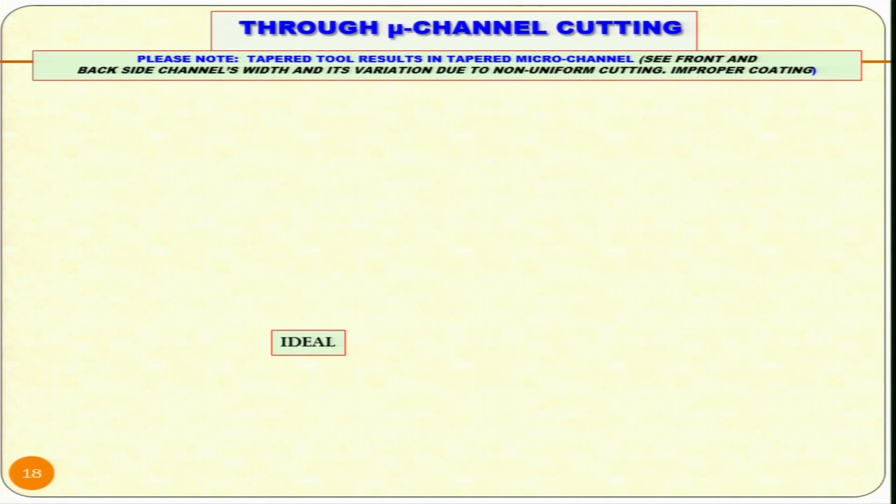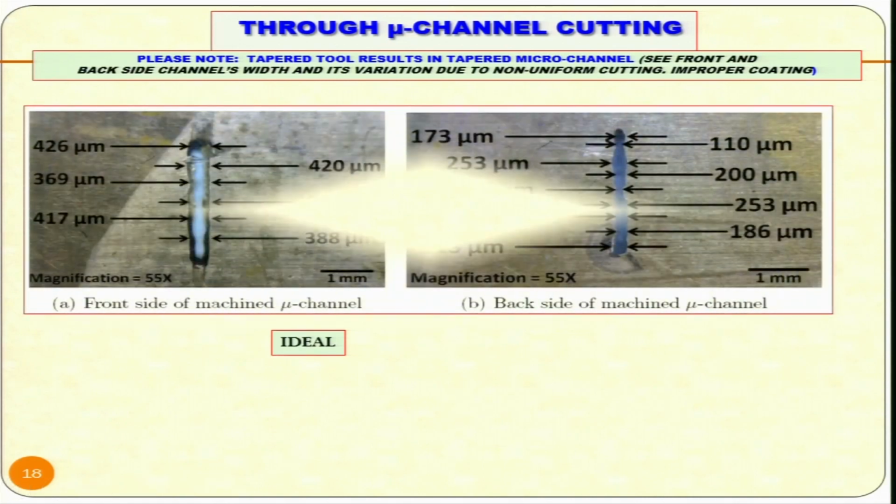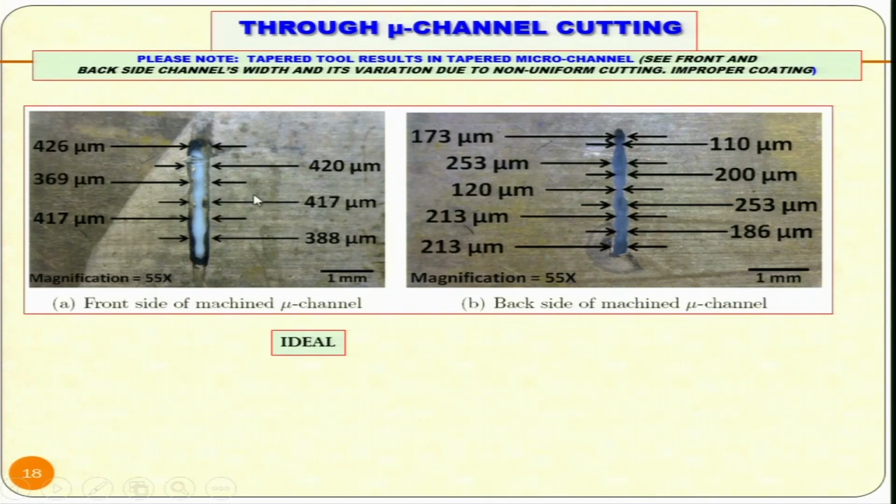See the front and back side of channels and the variation due to non-uniform cutting, that is due to the improper coating. I have shown it to you in the earlier slides. You can see here the front side, or the top side, of the machined microchannel, and you can see the non-uniformity in the channel being cut.